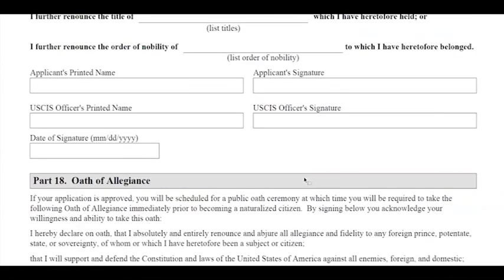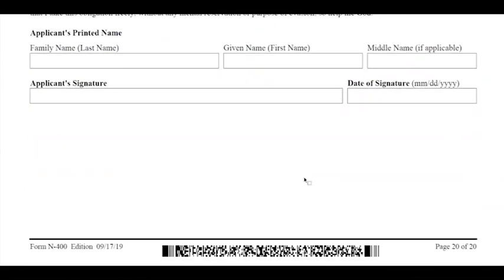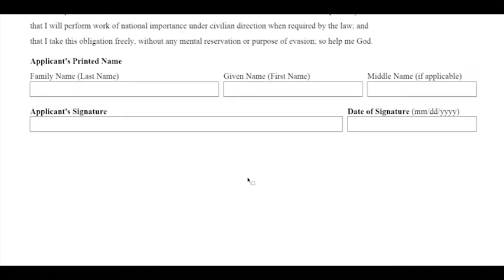So this is the application that you have to fill out, and this is the application that will determine your eligibility to become a United States citizen. Make sure that you fill it carefully. Make sure that you are ready to become a United States citizen. Now let's move on with the rest of the presentation.